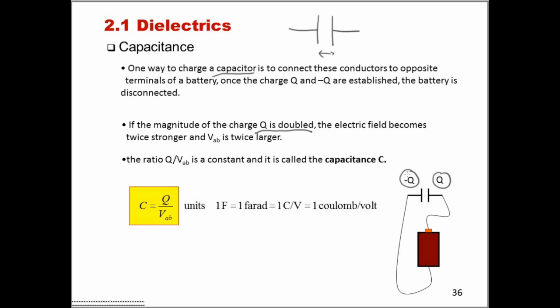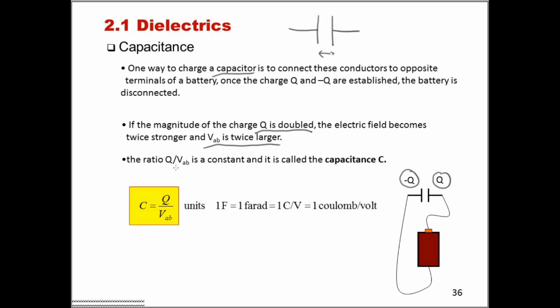I should remind you that the two charges presented at the two plates are the same in magnitude because of electrostatic induction. And so if we imagine doubling the amount of charge, the electric field becomes twice as strong. This means that also the voltage across the device is twice as large.